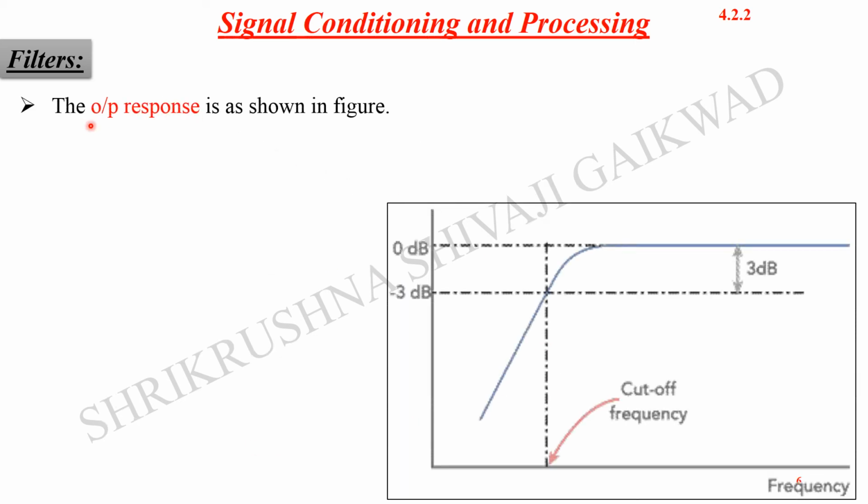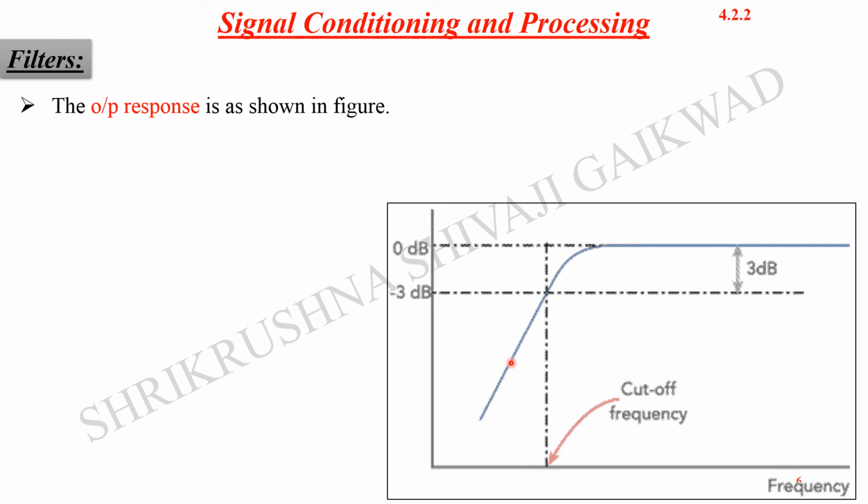The output response of the high pass filter is shown here. This is the lower cutoff frequency, because the low frequencies are not allowed, and after this cutoff frequency all frequencies are allowed. As usual, the amplitude is on the vertical axis and the frequency on the horizontal axis.